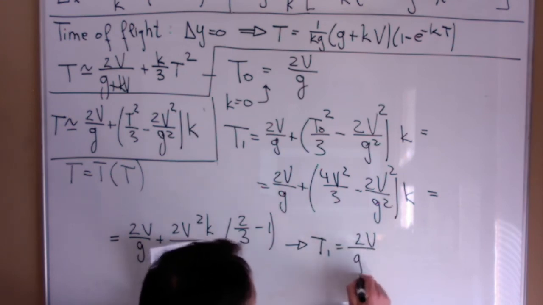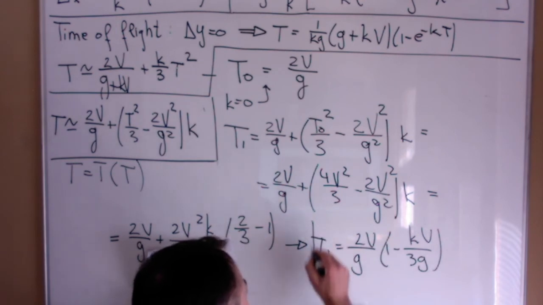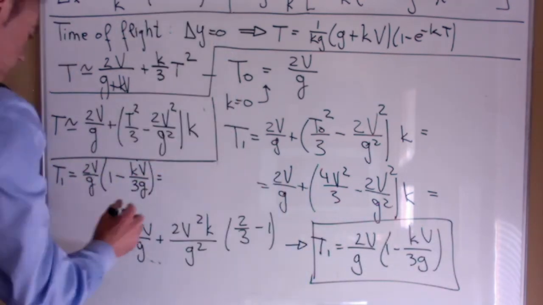So T1 equals 2v over g times 1 minus kv over 3g, which is an approximate result for the time of flight when k is very small.